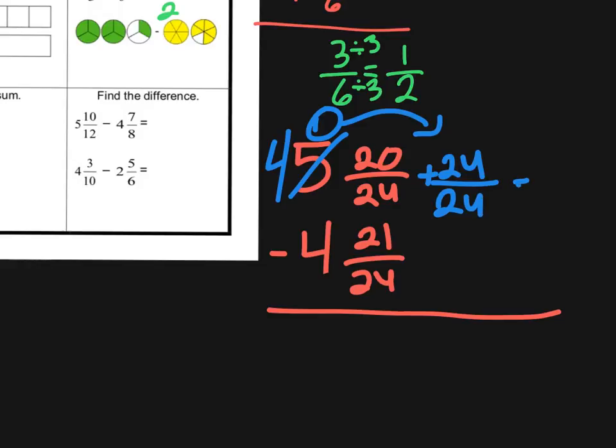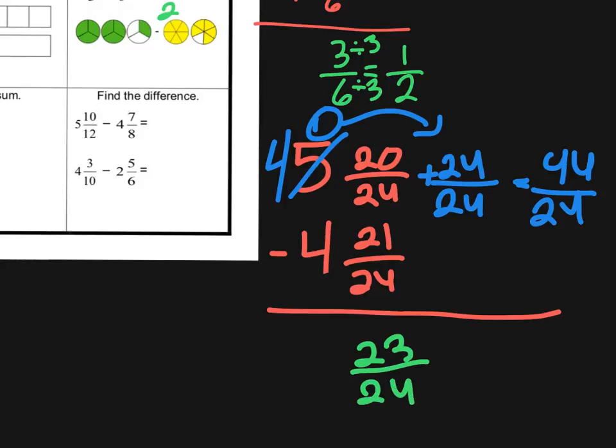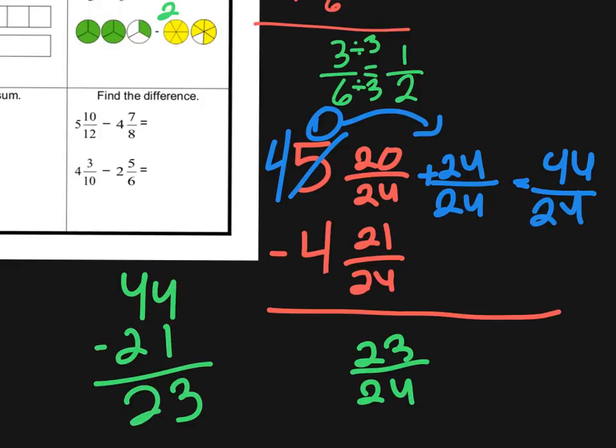That gives us 44 out of 24. Now we can subtract. I know that 44 minus 21 will be 23/24th, because 44 minus 21 is 23. And of course 4 minus 4 is 0. So my answer is going to be 23/24th for that one.